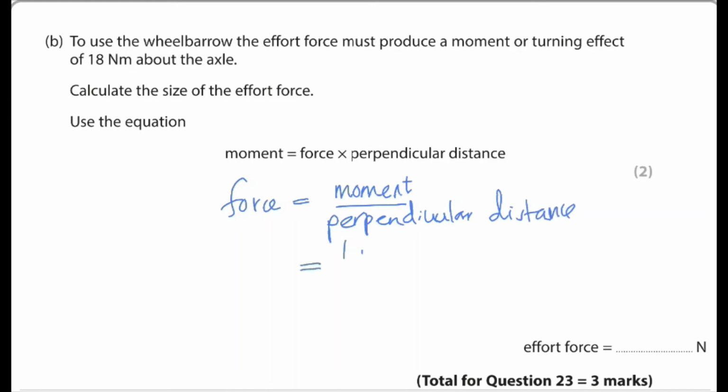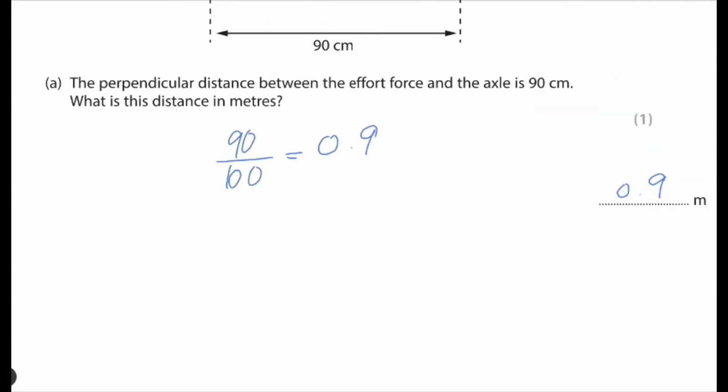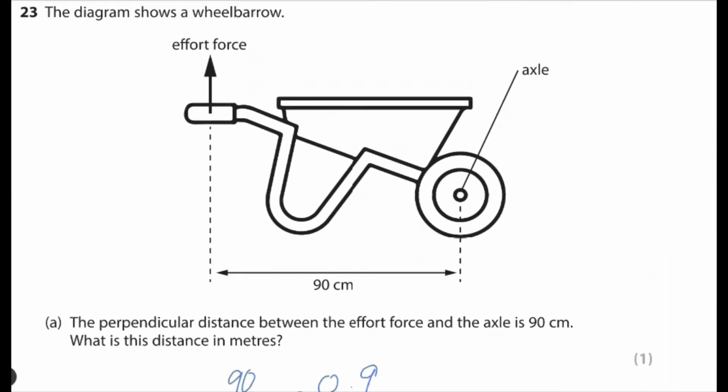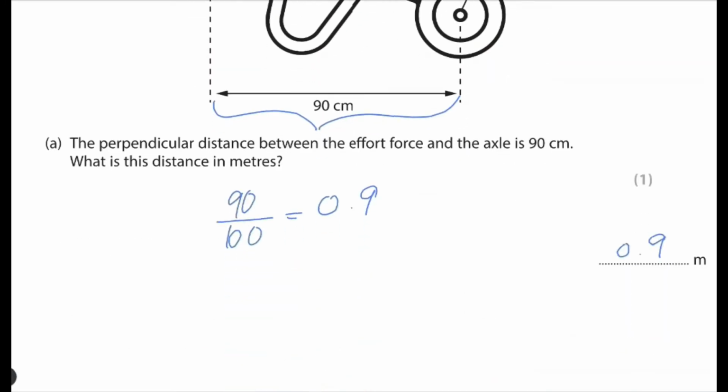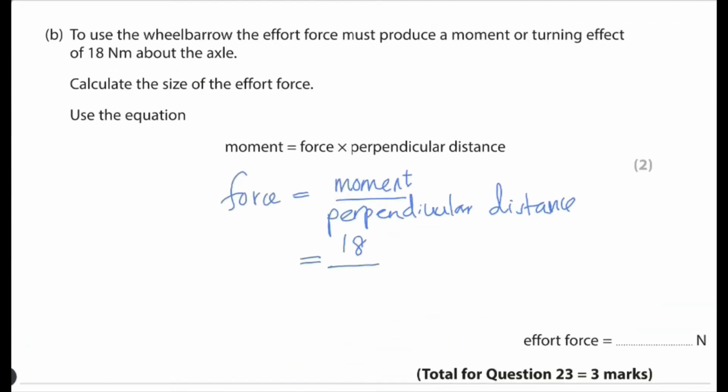Moment is 80 Newton meters divided by the perpendicular distance to the force, that is this distance that they have given, 90 centimeters, and we have already done the calculation to find out that it is 0.9 meters. We'll use that value. The answer is 20 newtons.